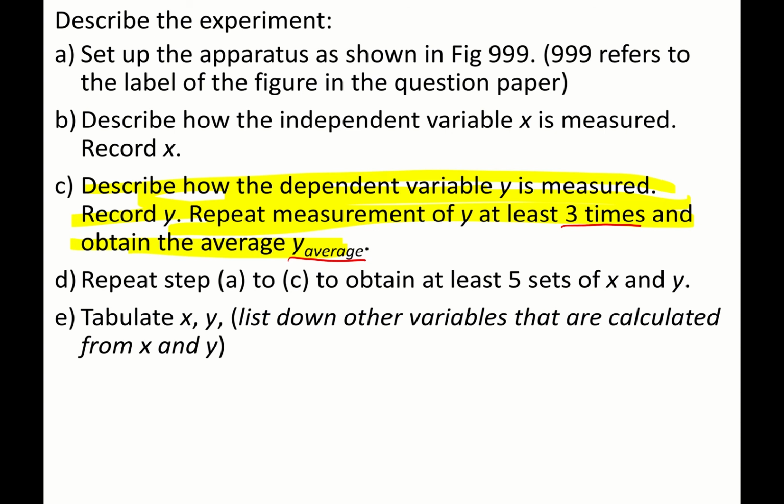And then following that, your part D, you can just say repeat step A to C. Now you see how I label the description A, B, C, D, E. Or you can label it 1, 2, 3, 4, 5, up to you.